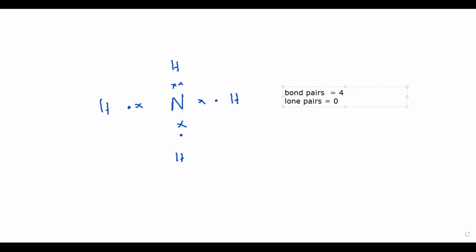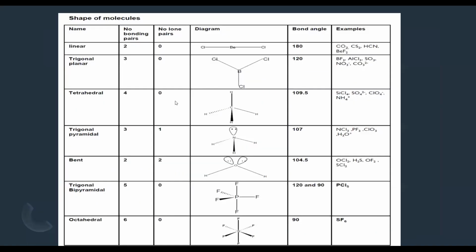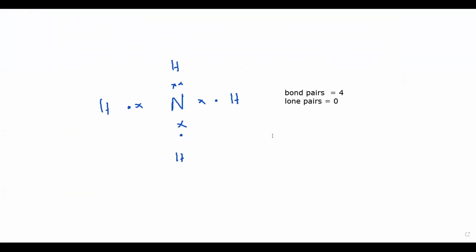then you can see from this table that 4 bond pairs and no lone pairs, it will be a tetrahedral. And we have to predict the bond angle. So as it will be a tetrahedral, the bond angle will be 109.5 degrees.